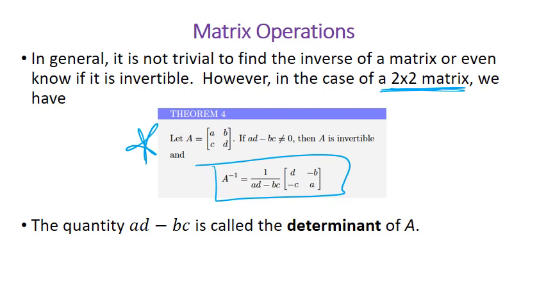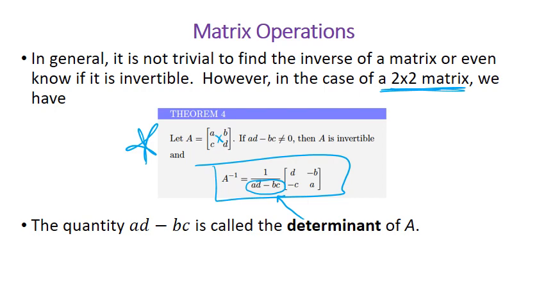When you are setting this up, this here is referred to as the determinant. Okay, so that's something that you may have talked about in a previous algebra class. That's known as the determinant, and it is simply A times D minus B times C.